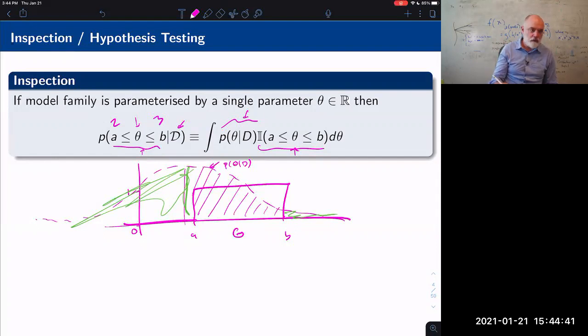If we were to do this, then we would have a Dirac function, which has an argument here, which would be theta minus... I guess it would be, how would we do that here? The Dirac function is 1 when its argument is 0, right?